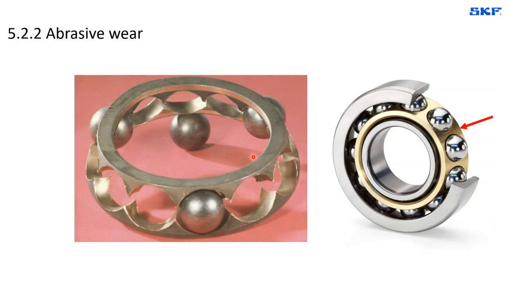And in this example, we see abrasive wear on the brass cage of an angular contact ball bearing. And you can see on the picture on the left that the cage is completely separated into two parts. And you can even notice some of the burrs in the border of the contact with the balls. And even the balls look a golden color because of the amount of brass material that has been deposited on the surfaces.